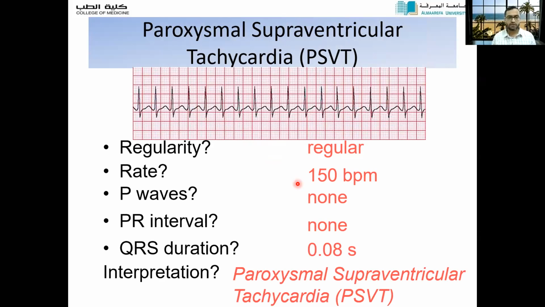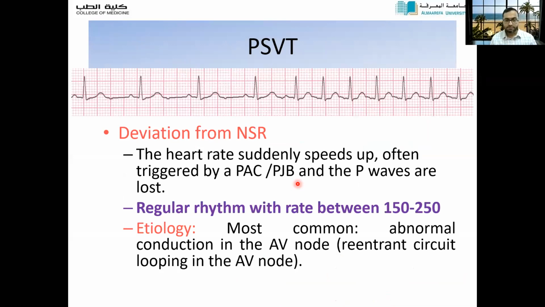PSVT, paroxysmal supraventricular tachycardia. And just as I told you before, even premature atrial contractions sometimes can precede paroxysmal supraventricular tachycardia. Normally here the heart rate is between 150 beats per minute and 250 beats per minute.